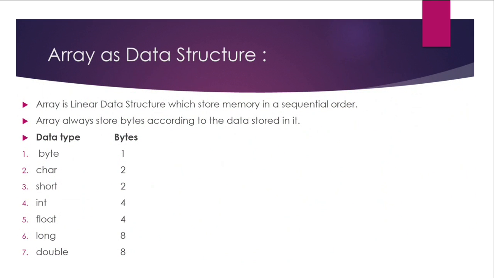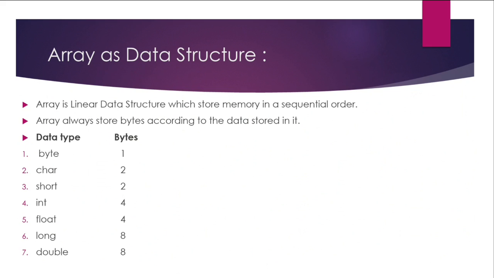First of all, I'm focusing on array as a data structure. What is a data structure? Actually, it is the way of representing each and every element in memory. An array is a linear data structure. Why linear? It is stored in a sequence, one by one, in one row.